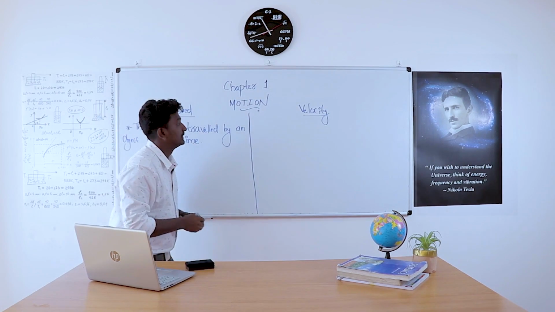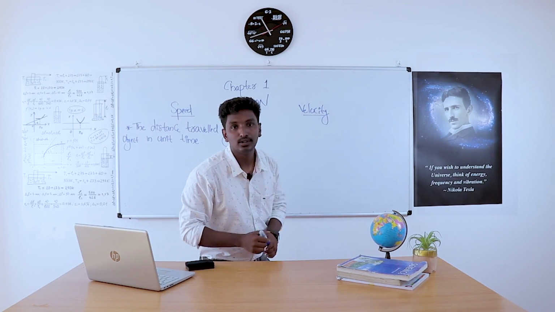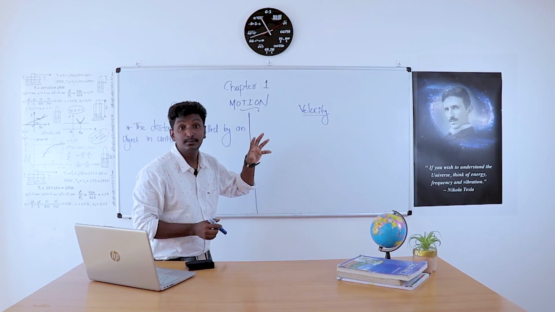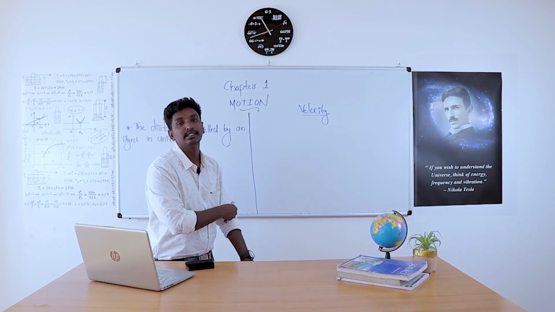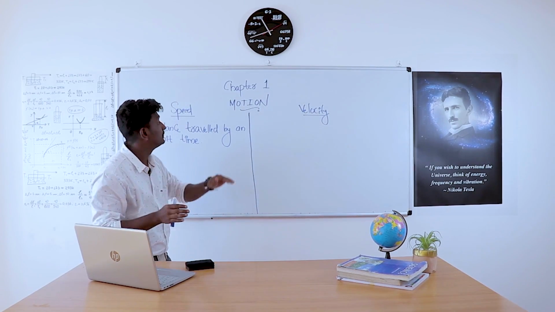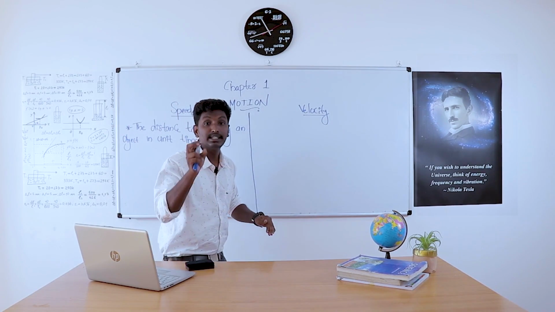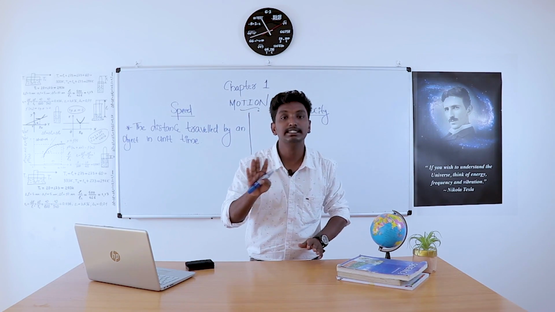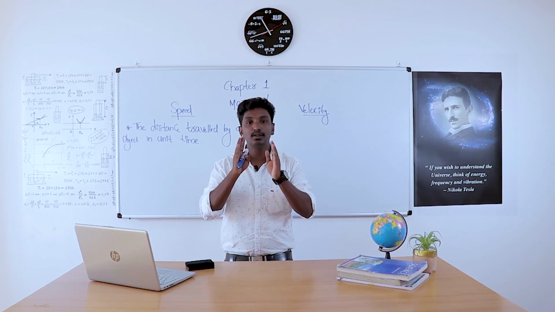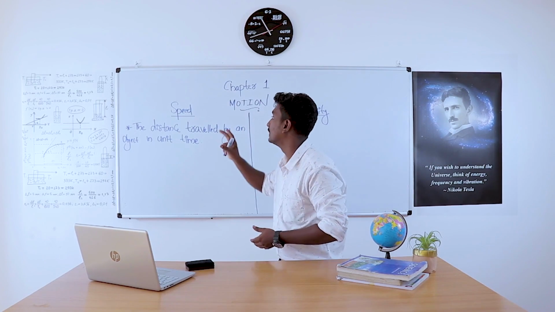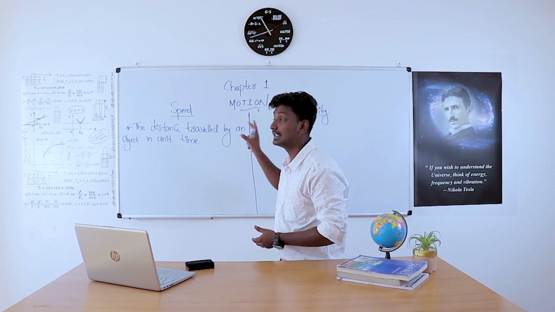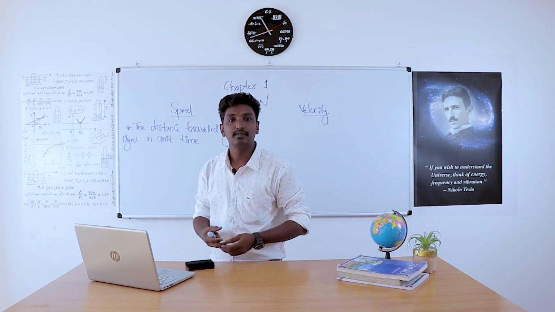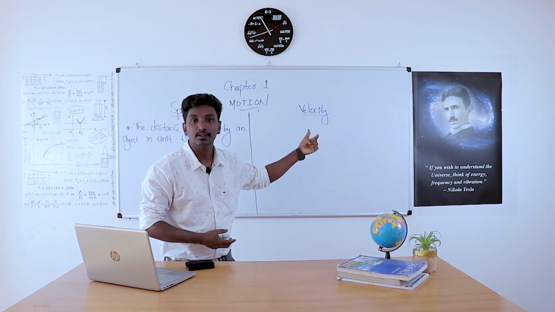This is the speed. Now moving to velocity. Velocity is the displacement of an object in unit time. That's the only difference. In speed, it is the distance in unit time, but in velocity, it is the displacement in unit time. Now you are already aware of the difference between distance and displacement. Then we can simply understand the difference between speed and velocity.